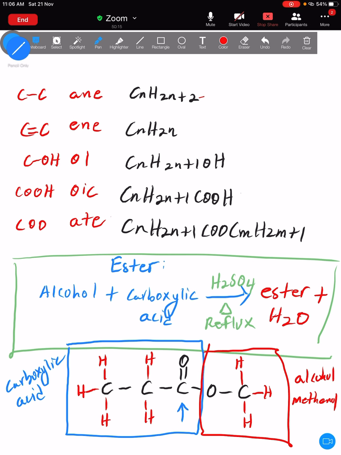And also the carboxylic acid, I have 1, 2, 3 carbon. Therefore, it belongs to prop... yeah, it's propanoic acid. This is how we identify which alcohol and which carboxylic acid is involved.